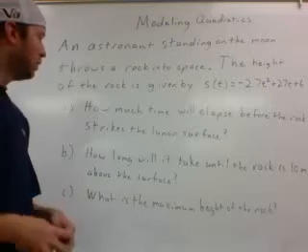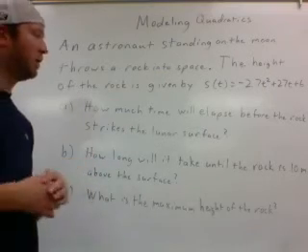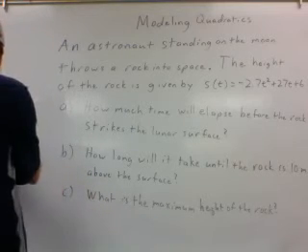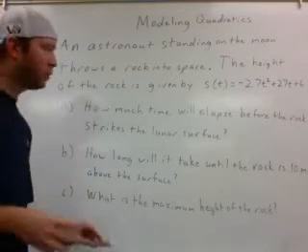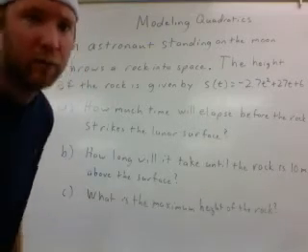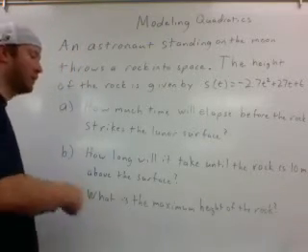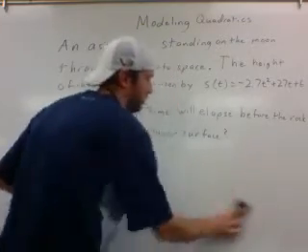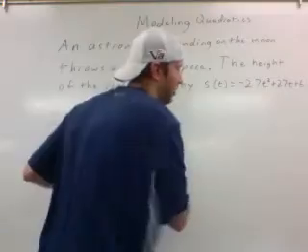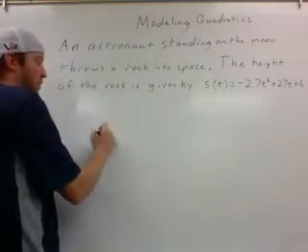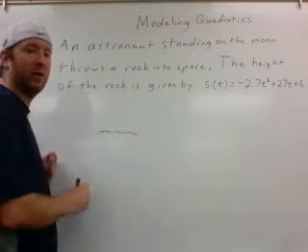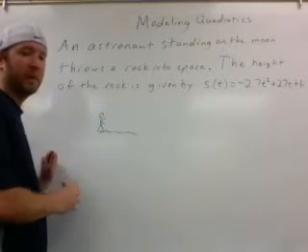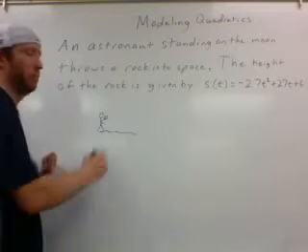The first question says, how much time will elapse before the rock strikes the lunar surface? First thing we have to know is, what does it mean to hit the lunar surface? If a rock comes up and comes back down, so here's my art skills 101, here I am on the lunar surface, and I'm going to throw a rock up into the air.